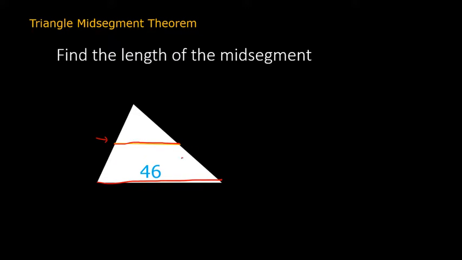Then I know that the measure of this midsegment is half of the measure of this base, right? According to that triangle midsegment theorem. So I know that my midsegment is going to be half of the base, or half of 46. So quick mental math tells me that half of 46 is 23. So I know that the length of my midsegment is 23 units.